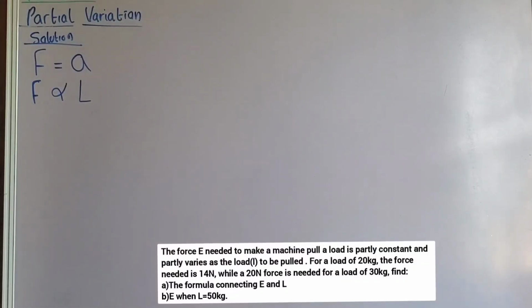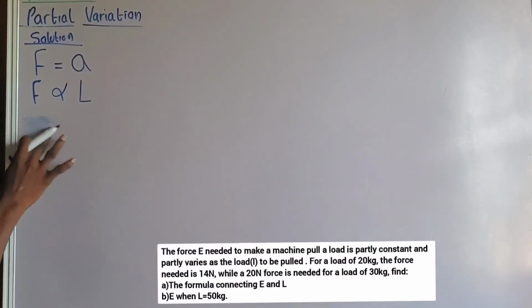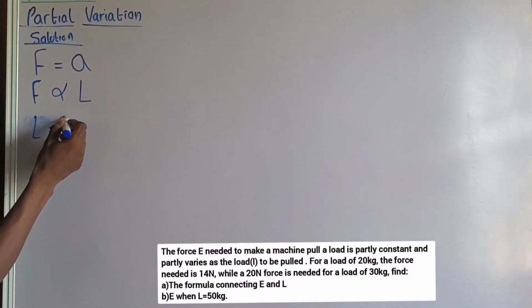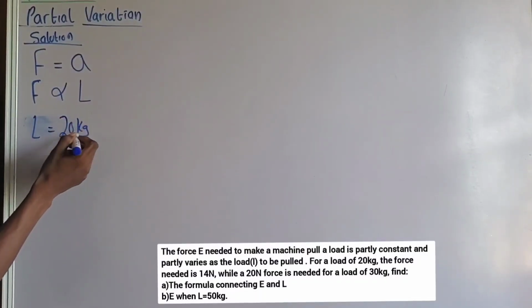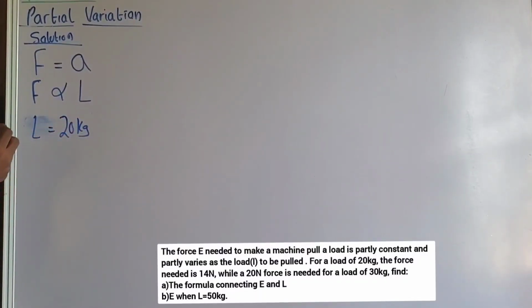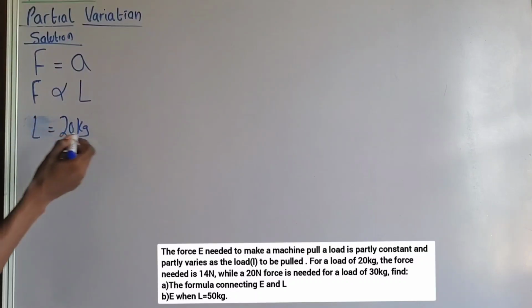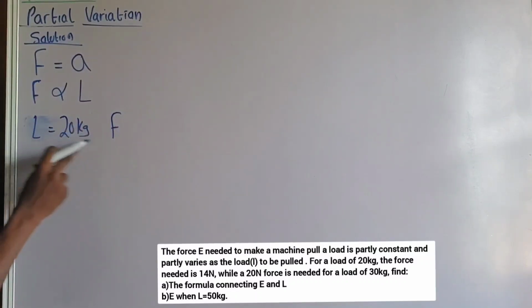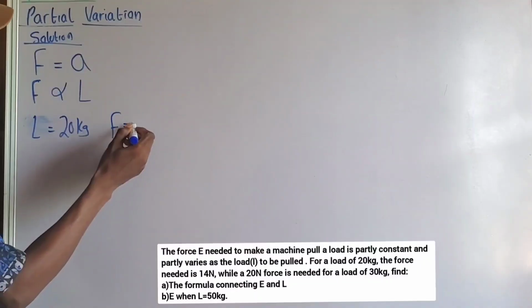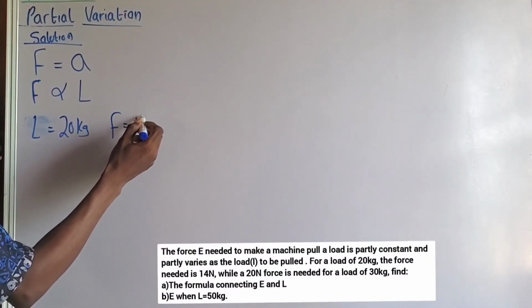For a load of 20 kg, let's do it like this. When L equals 20 kg, the force needed is 14 Newton. So the force needed to pull a load of 20 kg is 14 Newton.